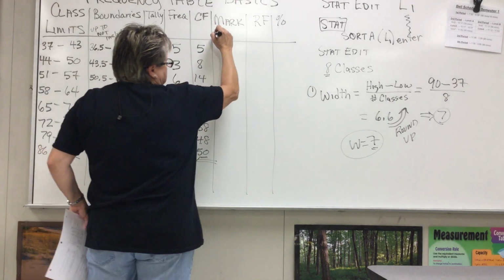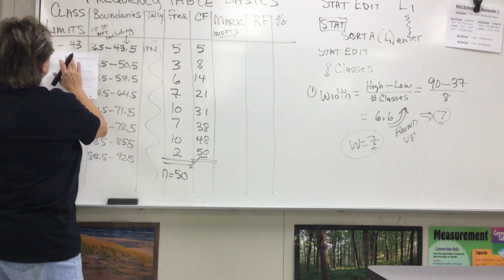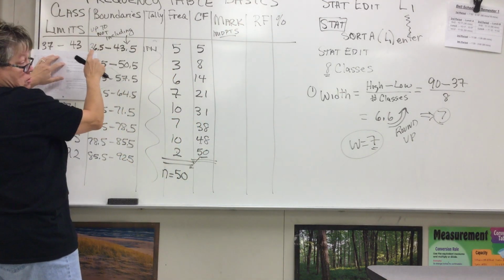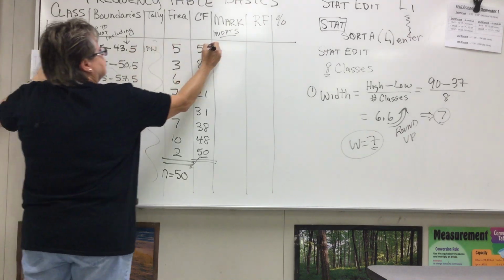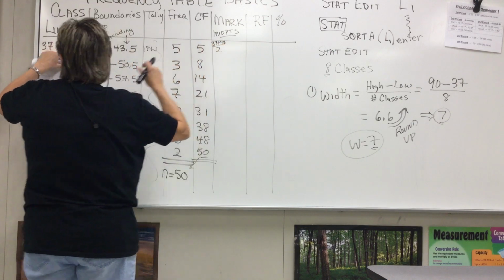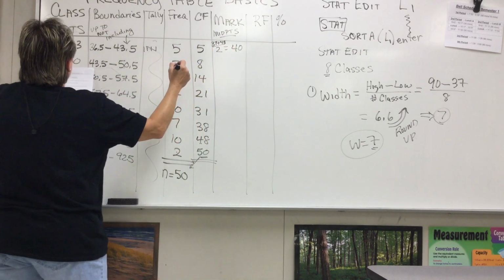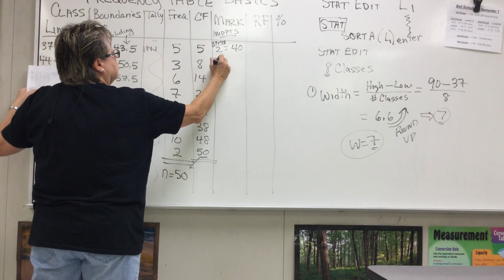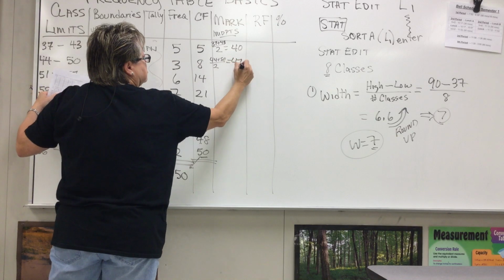Marks are known as the midpoints. So for midpoints, you just go to your limit or your boundary, it doesn't matter, you add and divide by 2. So 37 plus 43 divided by 2 gives us 40. To get the next one, 44 plus 50 divided by 2 gives you 47.